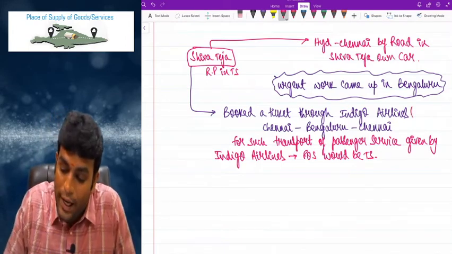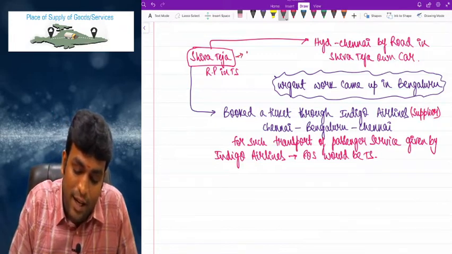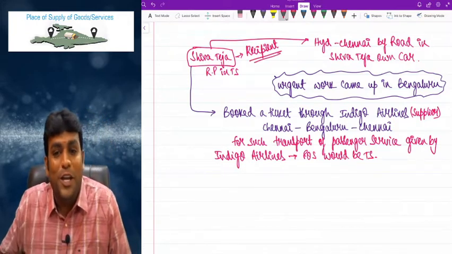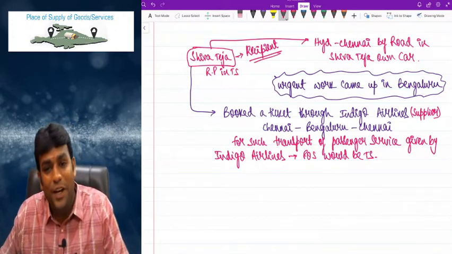Sir, Indigo Airlines is the supplier and Shiva Teja is the recipient. And since the recipient is a registered person, place of supply will be what, my dear friends? Location of such person. Very, very interesting language actually, and very important also.